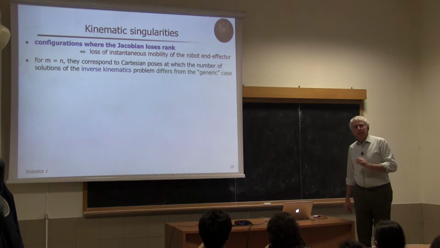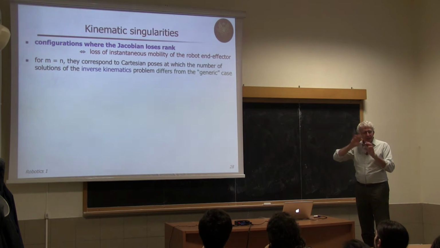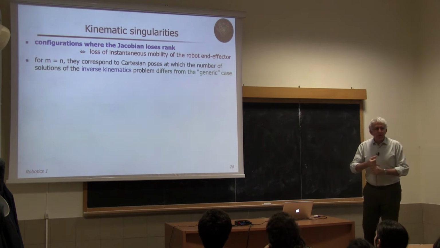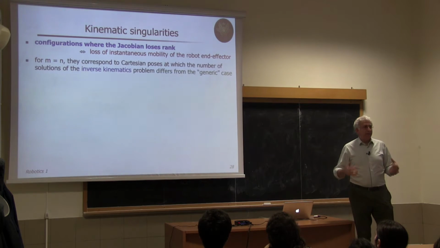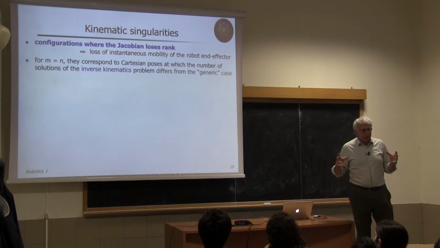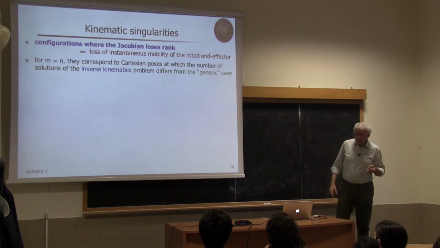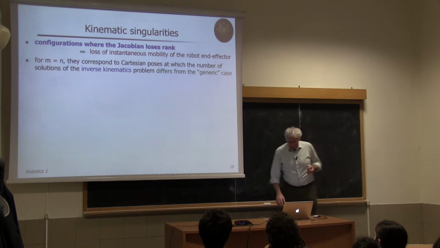Okay? We will see later on some examples. So keep this in mind. This is a bridge between what we have mentioned when talking about inverse kinematics, about singular cases, and singularity of the Jacobian as a matrix. The meeting point is exactly this consideration, which is made only for the case of square Jacobian.